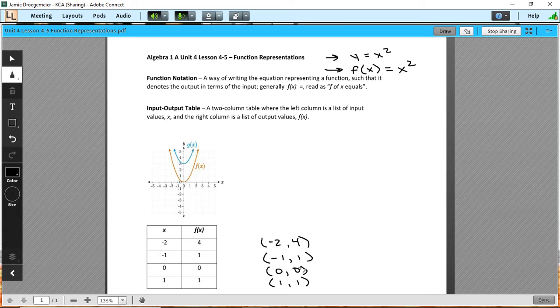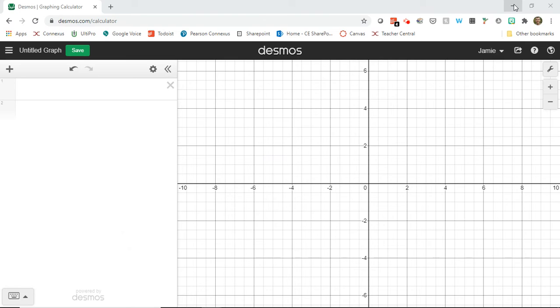All right, and I'm going to show you how you can use your Desmos calculator to graph a table like this. So let me pull up my Desmos calculator. Again, it's desmos.com/calculator, or you can find it in your backpack within your lessons. I can type in a function here.